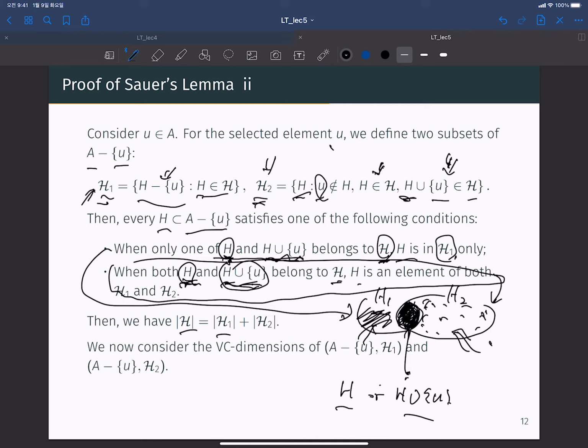So we can generate two different hypotheses from one single element in the joint part, in this intersection area.